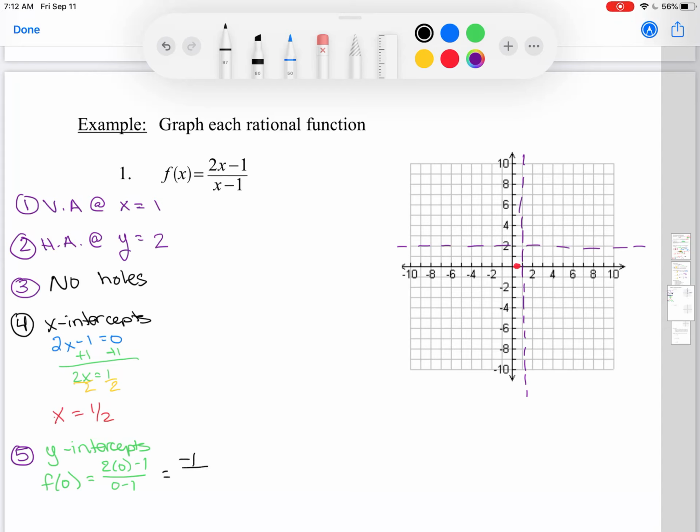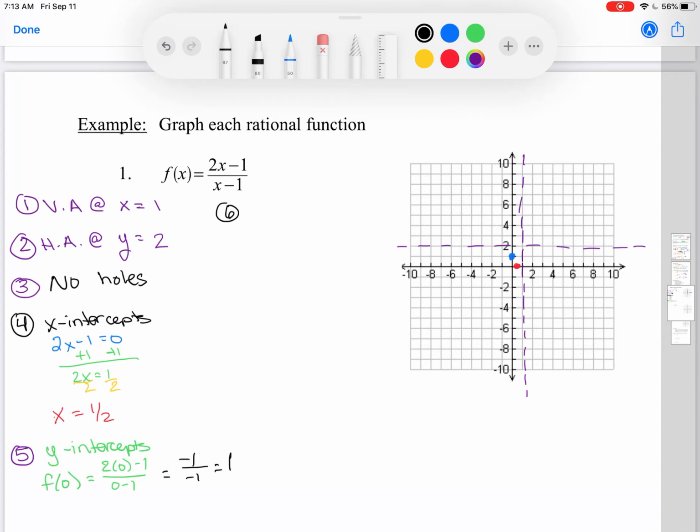And when I solve, I have 2 times 0, which gives me 0, and a -1 over a -1, which ends up giving me a +1. So on my y-axis, at +1, I'm going to have my point. And the last thing is, if you need more points, you can test them.